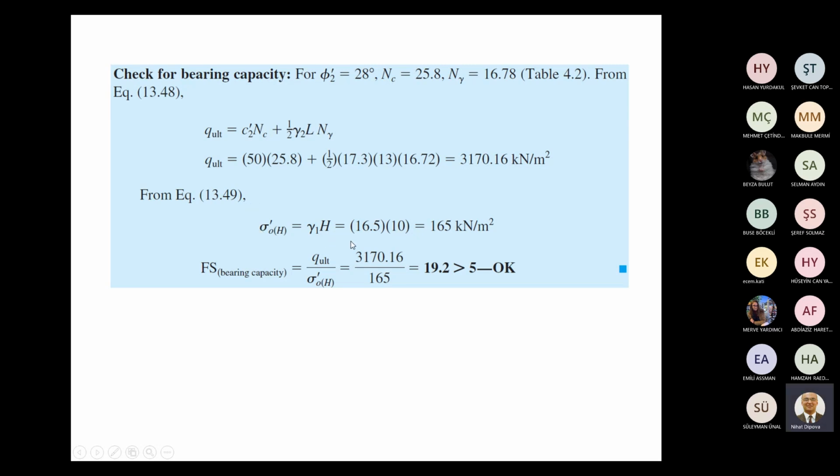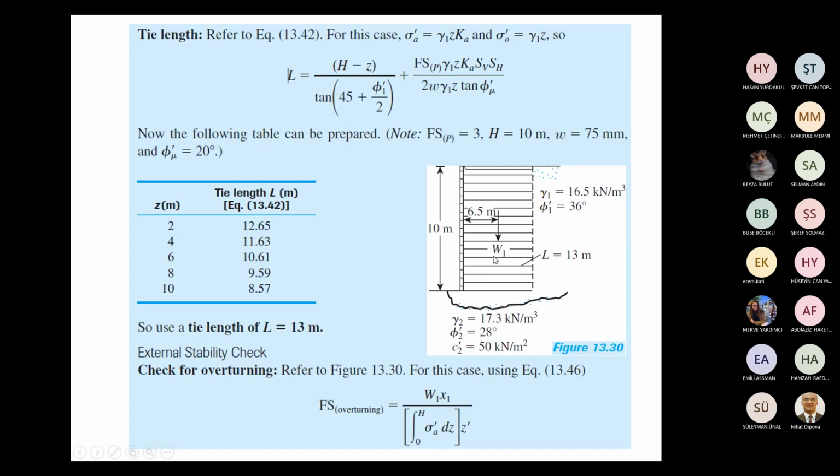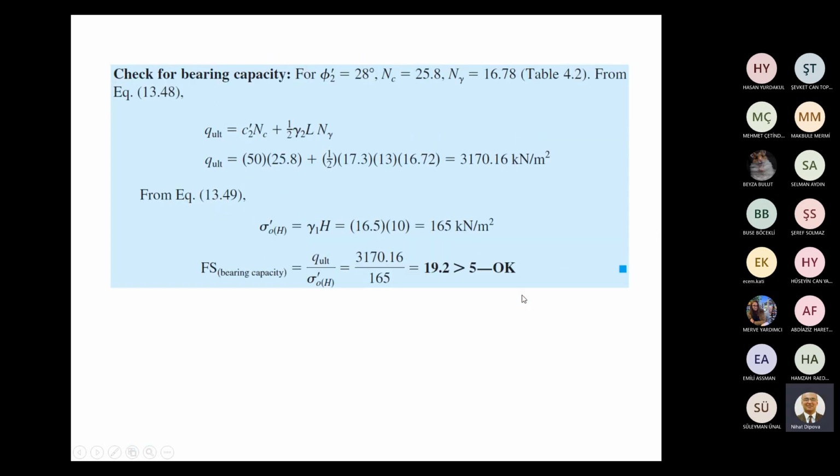The pressure under the soil is equal to the weight of the backfill material divided by base area. So the safety factor is 19.2. It's a very great value, so it's acceptable.